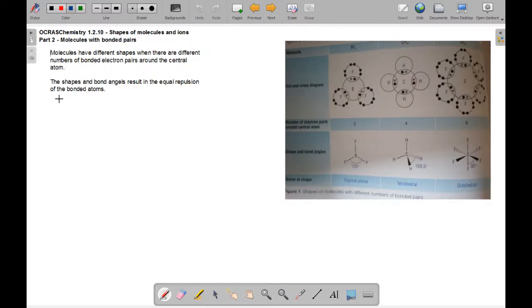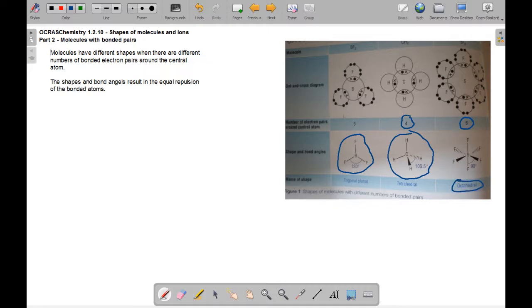Molecules with more bonding pairs. So more examples of shapes of molecules. This is a trigonal planar, as it has 3 bonded pairs, and good old methane has a tetrahedral shape, and it has 4 bonded pairs, and octahedral just means this is six bonded pairs and no lone pairs.